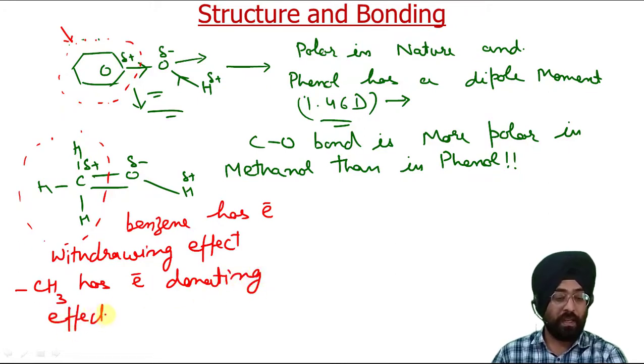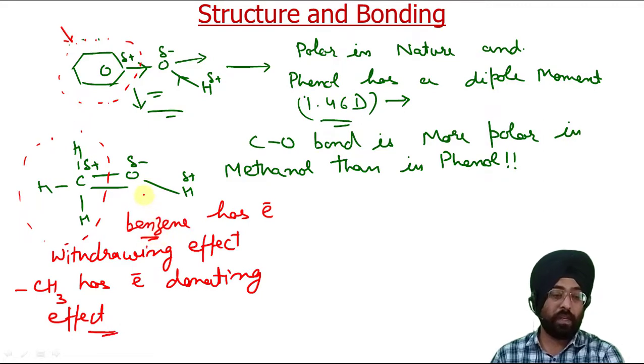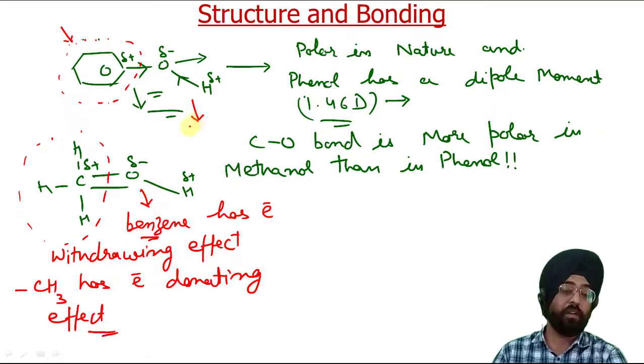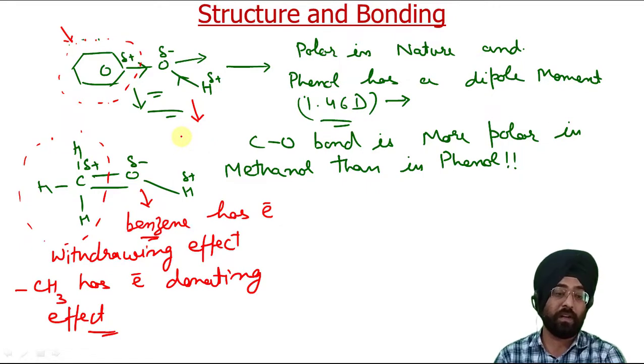So that's why, because of these two things, the dipole moment of carbon oxygen bond of methanol is higher than of phenol, because as I have already told you, dipole moment is a vector quantity, and the net result is the vector sum of all the dipoles created in the molecule.